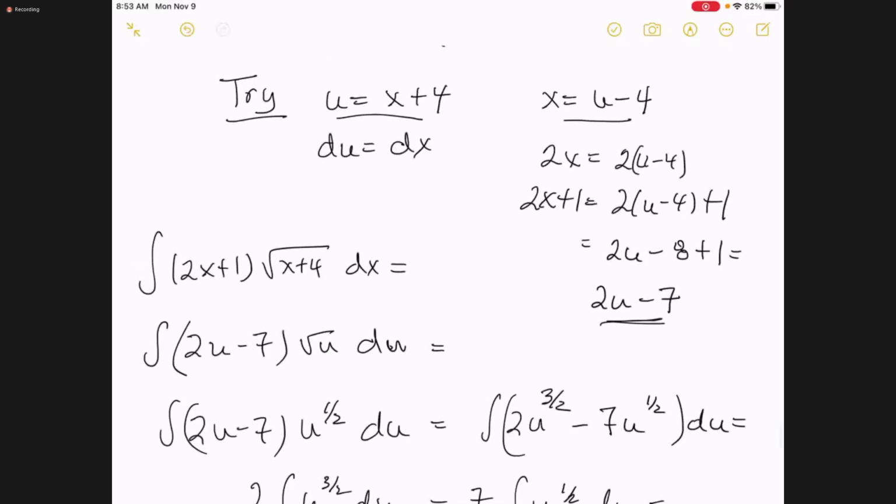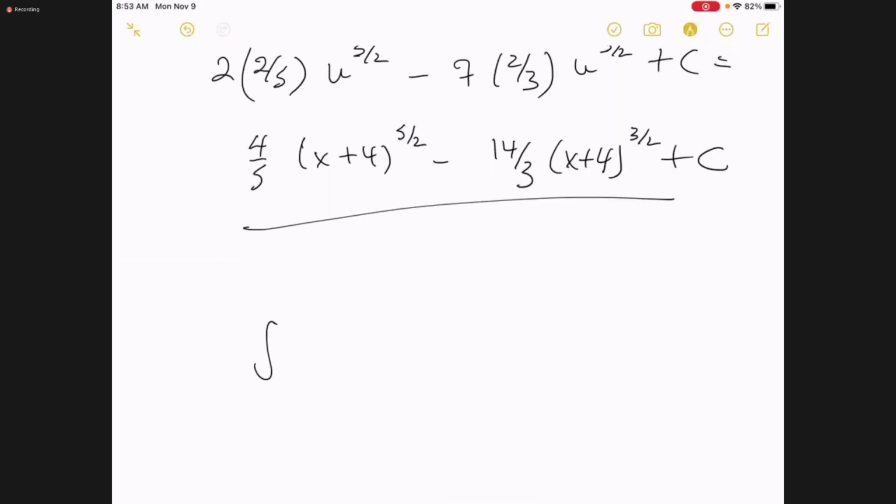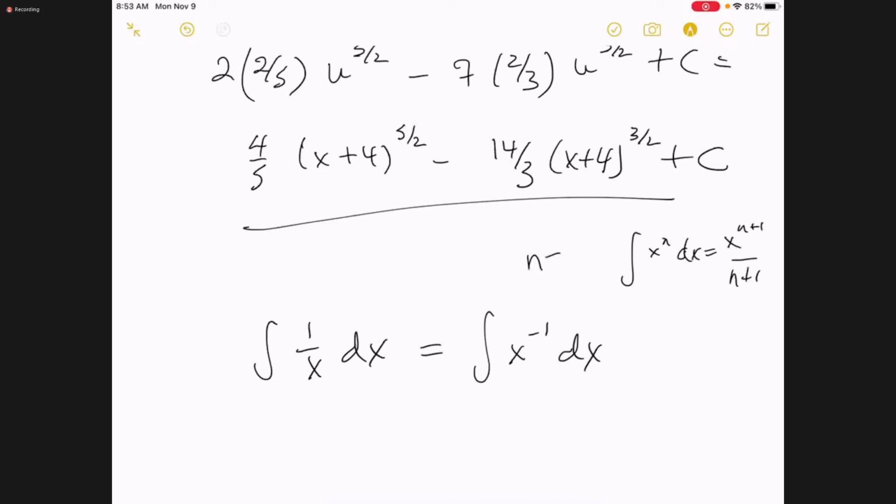Okay, tomorrow I'm going to start talking about that, which we've avoided. This is the n equal to minus 1. And the x to the n, remember we keep saying this is x to the n plus 1 over n plus 1 for n not equal to minus 1.